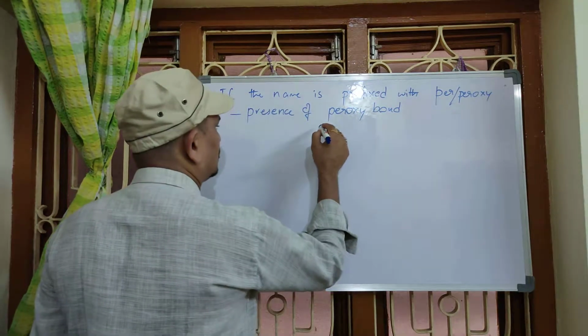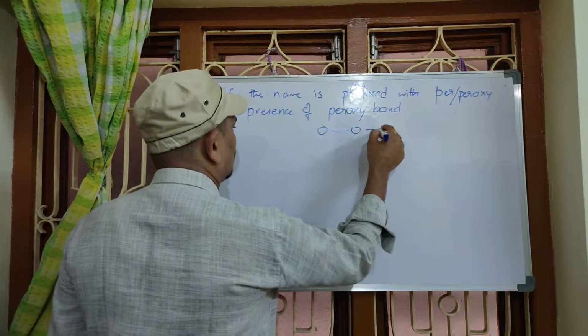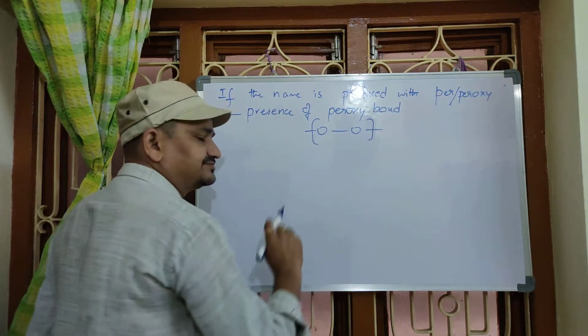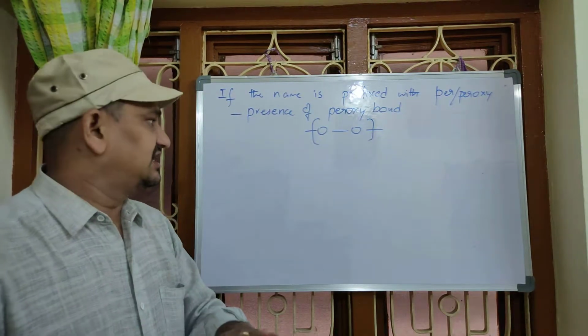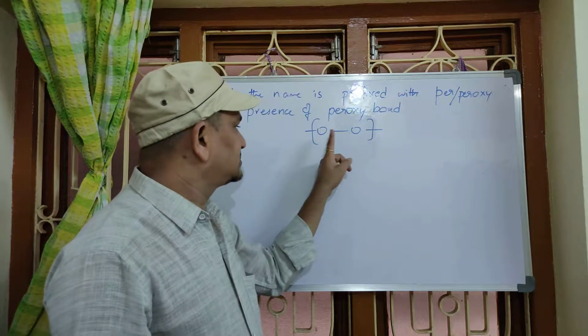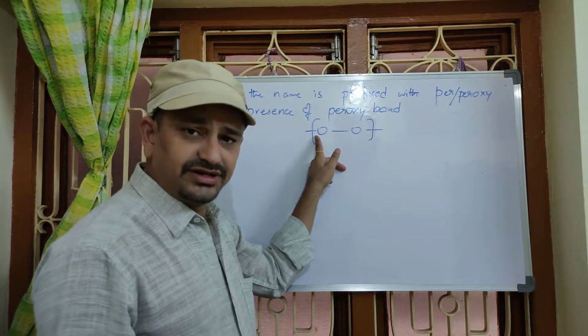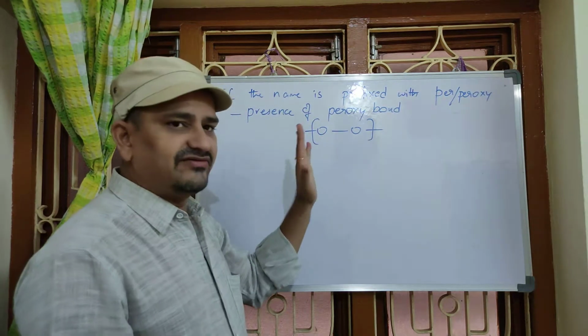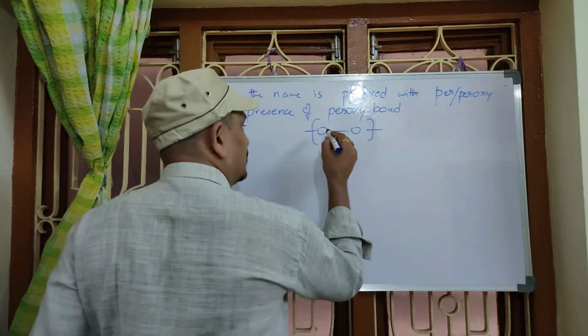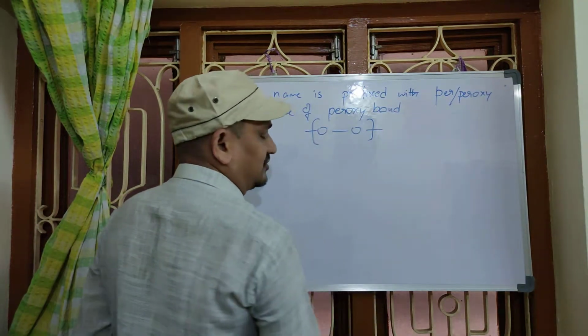What is meant by peroxy bond? O single bond O is called a peroxy bond. You know that oxygen is bivalent. See, this has formed two bonds. This also has formed two bonds, right? Oxygen bivalency is satisfied. But O single bond O is called a peroxy bond.